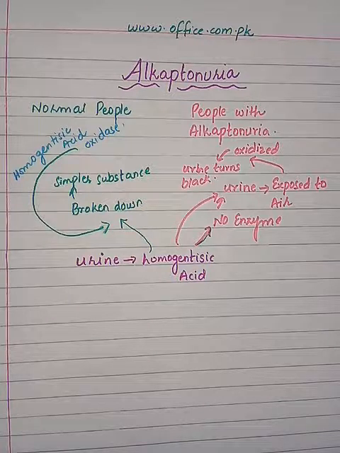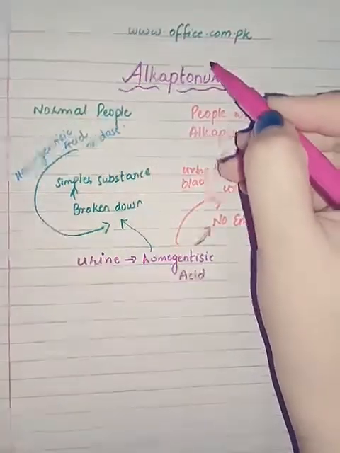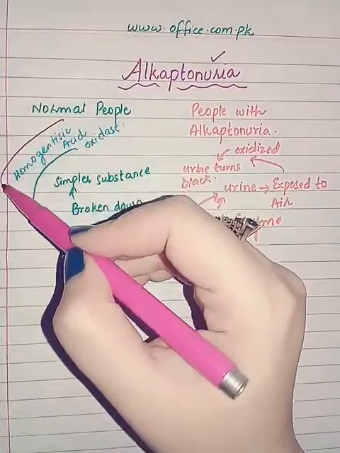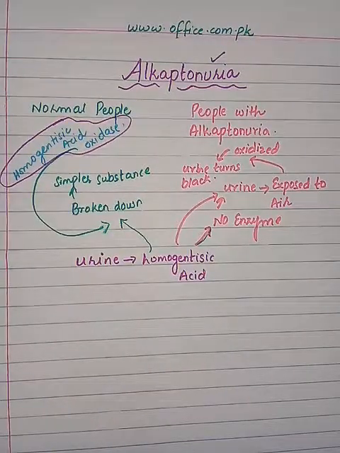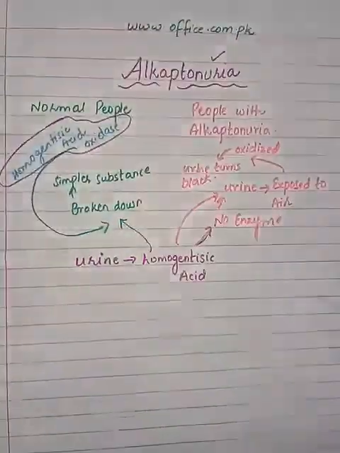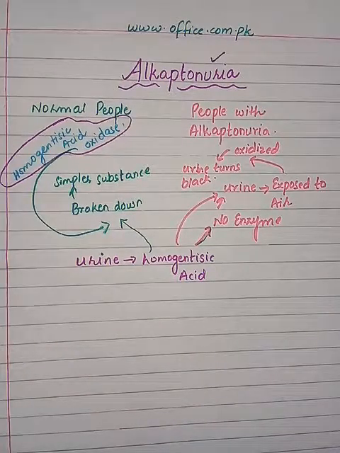So by observing this whole phenomenon, Garrod concluded that the patients who are suffering from alkaptonuria basically lack a certain enzyme. And since the disease was running in the families, it means something happened to the DNA or the genetic information.